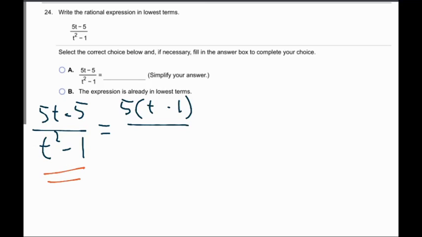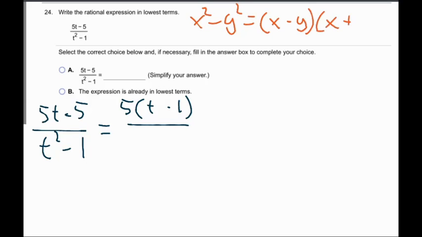Now notice something about the denominator. That denominator is the difference of two squares. Remember, the difference of two squares factoring formula was right here. Alright.